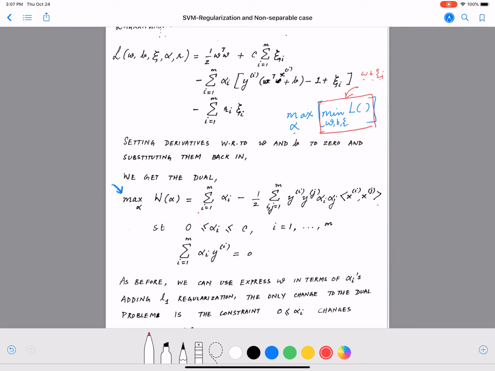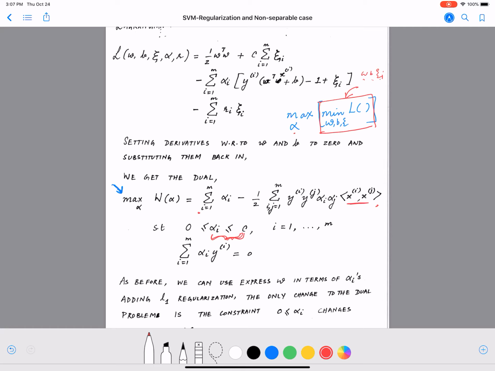Now think about it, that expression is not going to change, because nothing else was added except that there is now an upper bound for alpha I. When we completed all the psi I derivations, we only got this additional part here, which was not there before. When you compare it with the previous derivation and substitute it back, you will see that the only change is this, alpha I less than or equal to C.